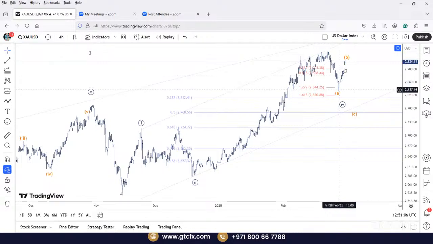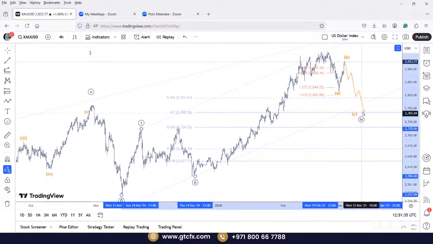It is right now within wave B rally, and one more leg lower is left. Now that wave should ideally take us to 2820 or 2817, which should complete wave 4. So this is wave 4 and wave C.